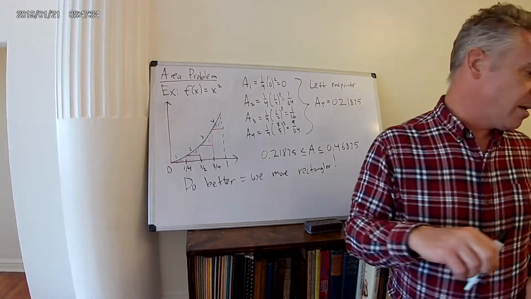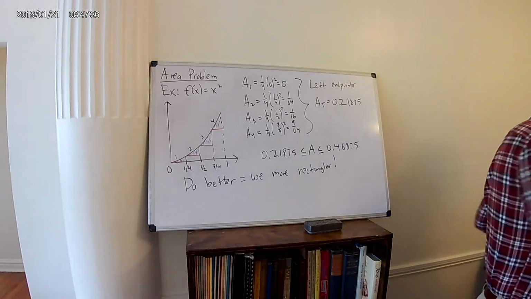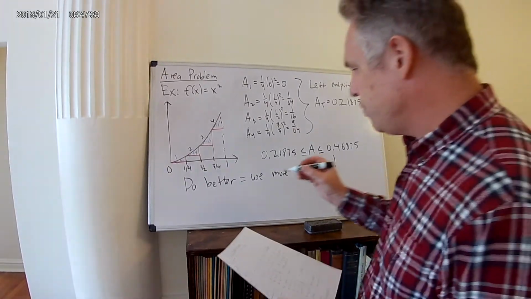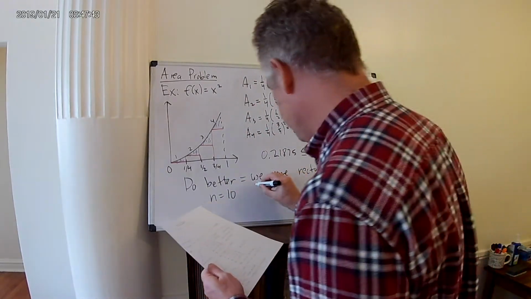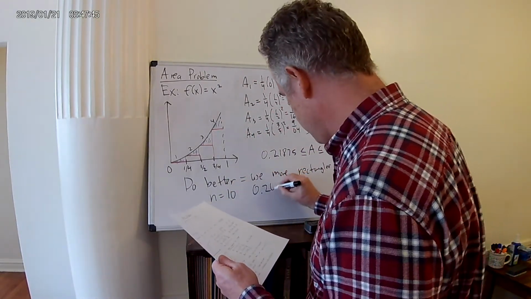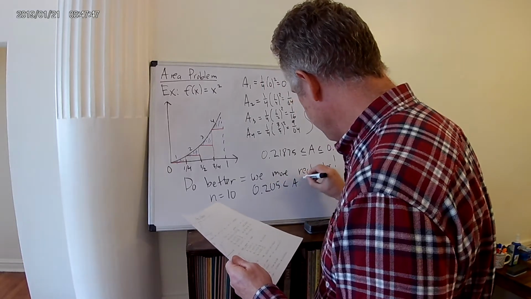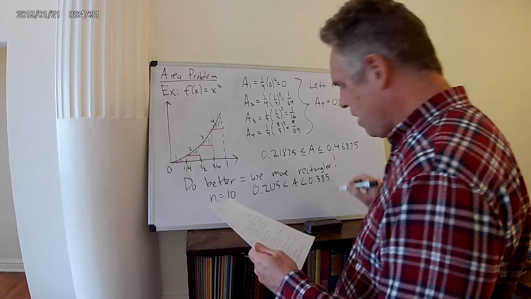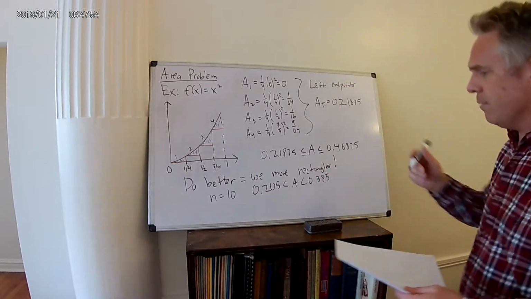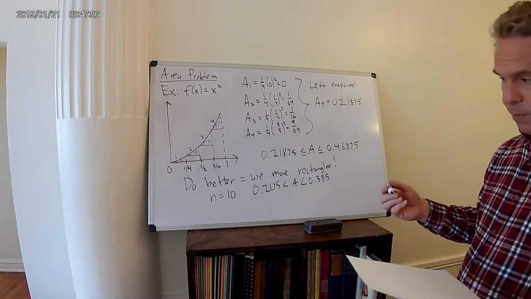And I'm going to write some data down for you guys. If I use more rectangles, okay, instead of using 4 rectangles, if I use 10 rectangles, I constrain the area as such. If I use 10 rectangles, I've constrained the area. Now, it's still a wide range, but it's better.